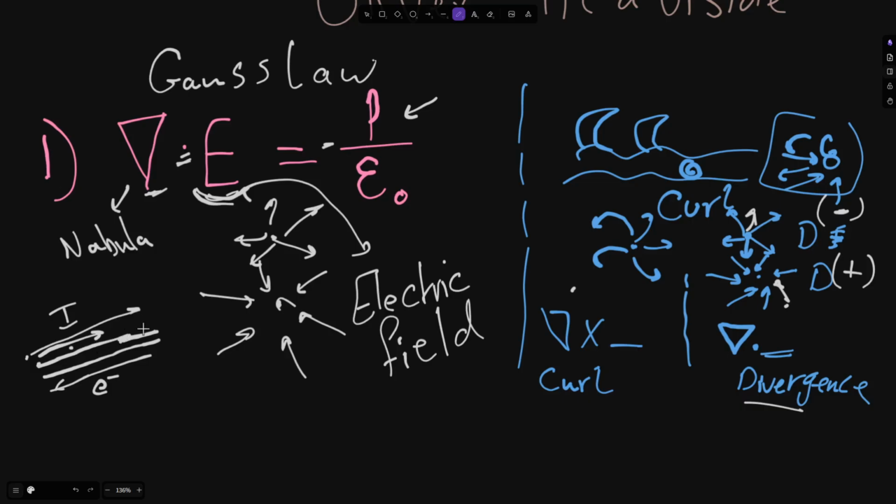Okay, so this epsilon naught here is just a number describing how thick empty space is. That tells us how hard it is for the field to push through vacuum. So we are talking here about vacuum.